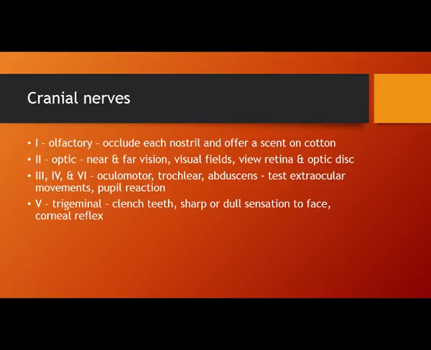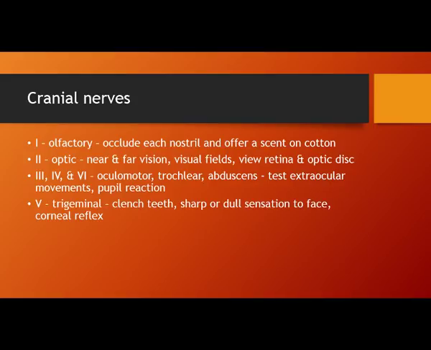And then the accommodation response is that I cause you to move from focusing on something that's a little far to something that's closer in, and your eyes should constrict to that. So all 3 of those should occur. They're much easier to assess in people with blue eyes or green eyes. They're harder in people with dark brown eyes, they're very hard to assess, but you'll see some of the ways we do that in the lab too.